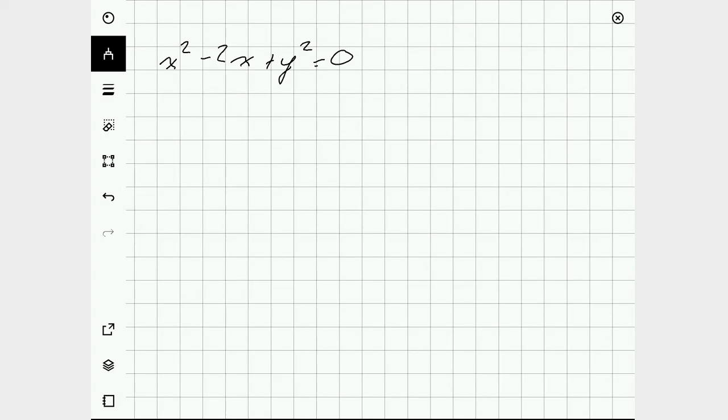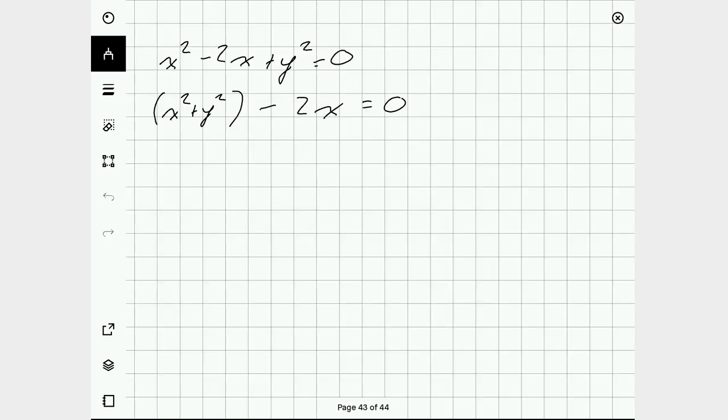What I see right away in this equation is that we've got x squared and y squared going on. And when I see x squareds and y squareds, I immediately start thinking about that r equals the square root of x squared plus y squared. So let's get that x squared and y squared together. And then that leaves this extra 2x behind.